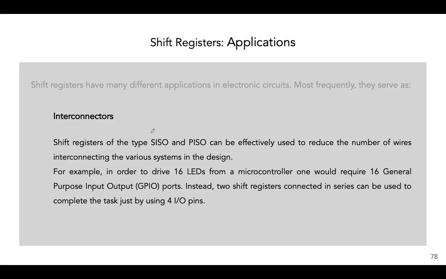SISO takes in serial input and gives serial output. PISO takes in parallel input and gives serial output. The point is, both of them generate serial output, which means they effectively reduce the number of wires you need to output your data, because all of the bits, no matter how large your data is, how many bits your data has, will all come out on a single serial output line.